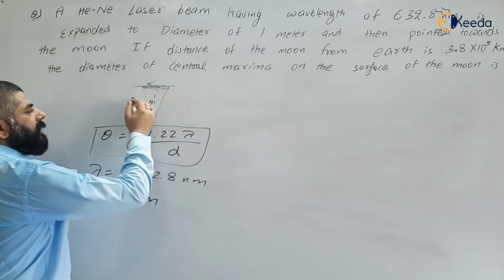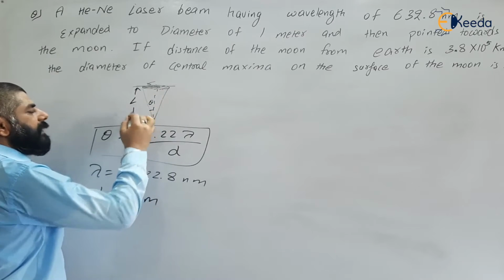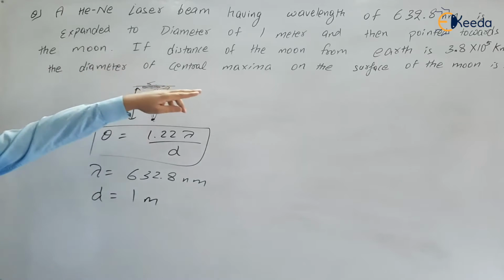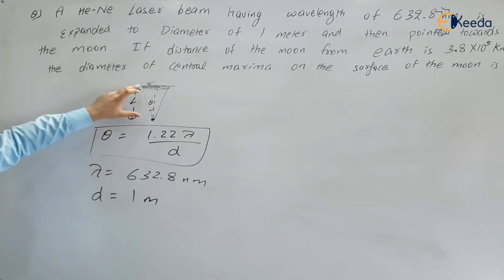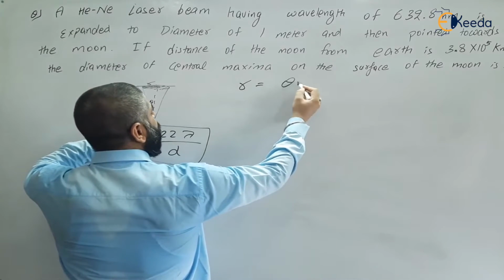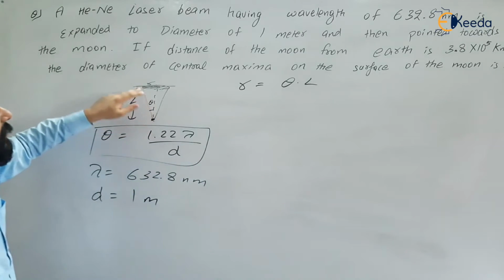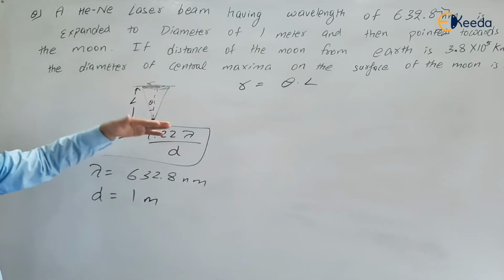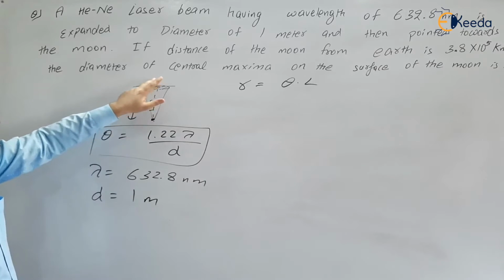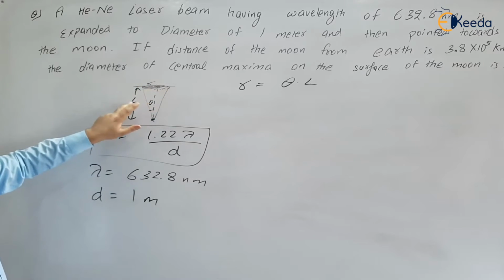If L is the distance from the laser or the earth to the moon, given as 3.8 into 10 to the power 5 kilometer, then in this triangle tan theta is equal to R by L, and for a small value of theta, tan theta is the same as theta, so theta is equal to R by L, or R is equal to theta into L.